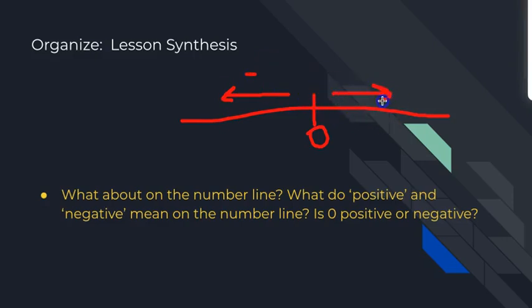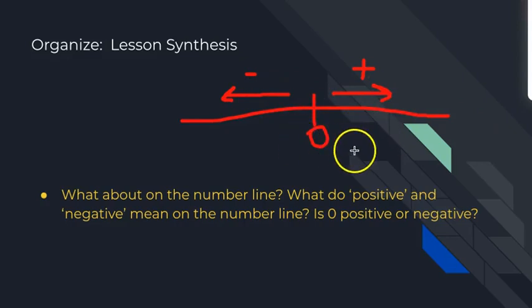Anything to the right is a positive number. As you go further left, you're talking about things that are smaller and smaller or worth less and less. As you go to the right, they get to be worth more and more.